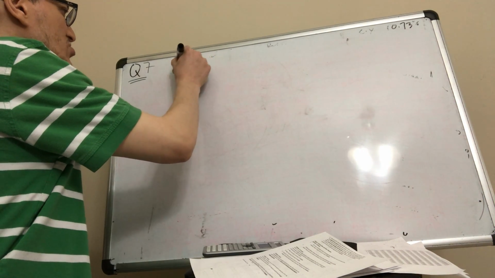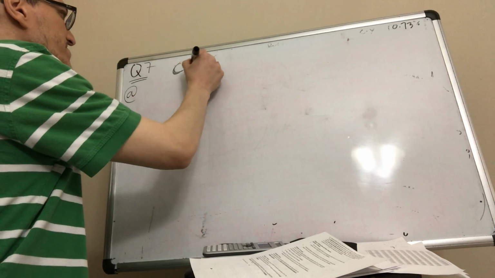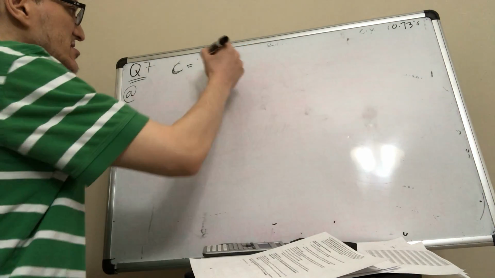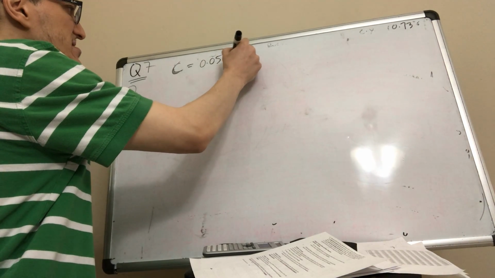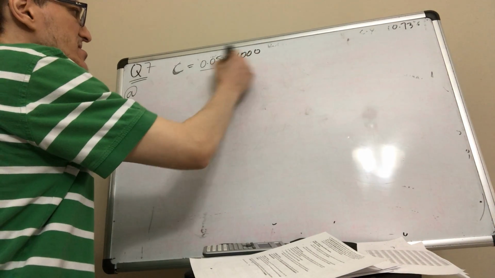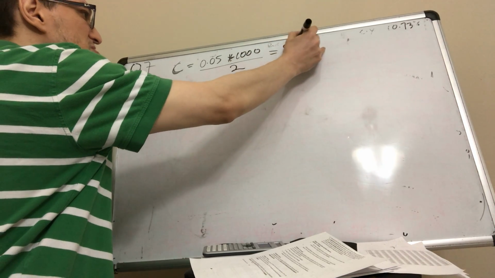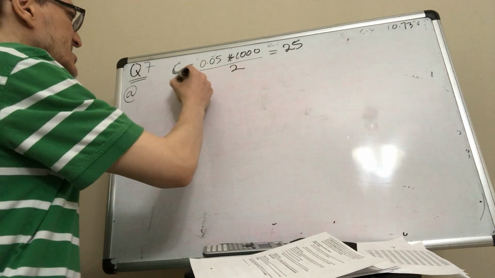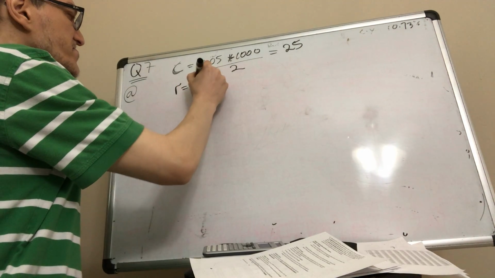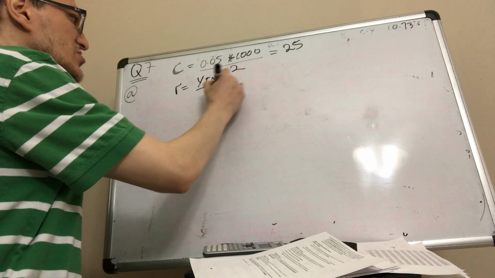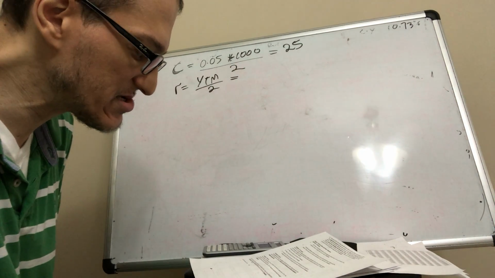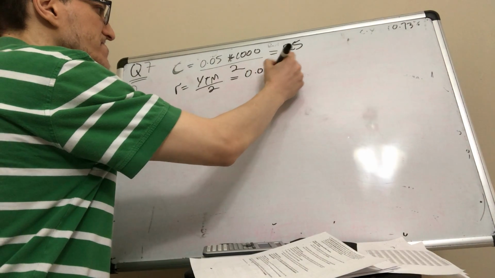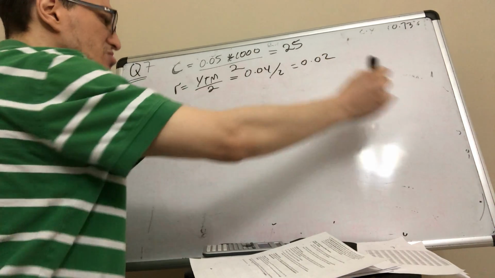We need the coupon payment. They tell you it's 5% semi-annual, so it's 5% of the face value over 2, which is $25. We need YTM, or we need R, which is YTM over 2. It's always semi-annual unless they tell you something else. And that's 4% over 2, which is 2%.